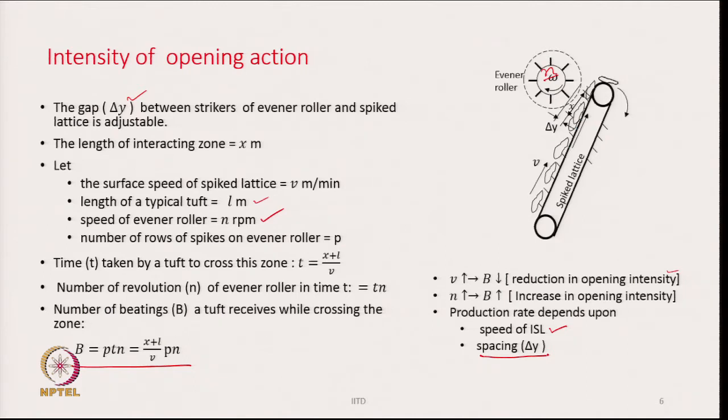As a result, production is going to increase, but at the cost of lowering the opening intensity, because big tufts will be able to pass through. But you should know that the production rate depends upon two important factors: the speed of the ISL and the spacing delta y.